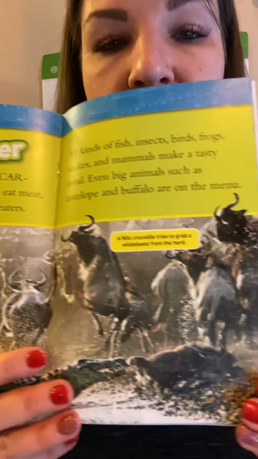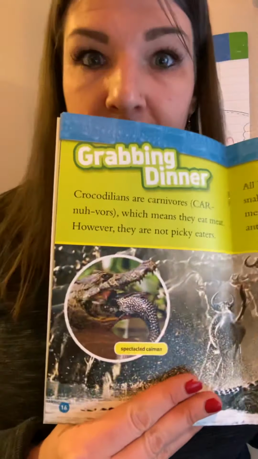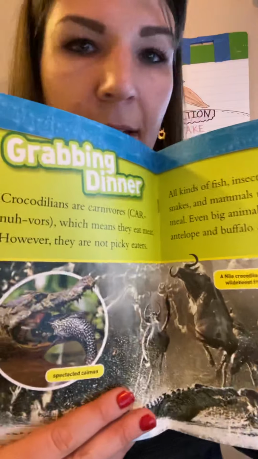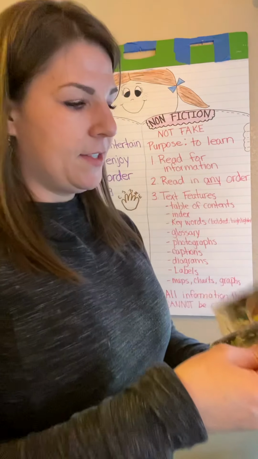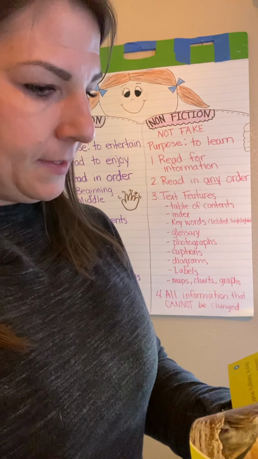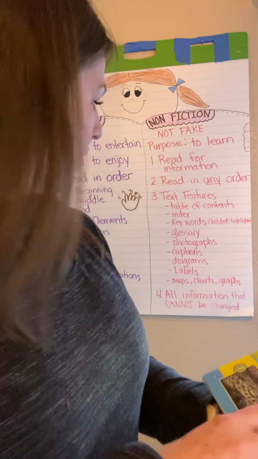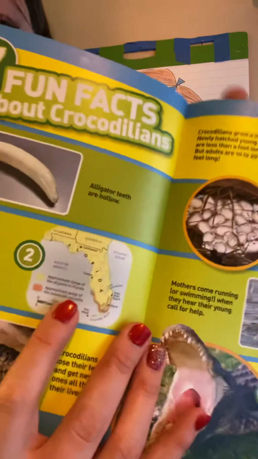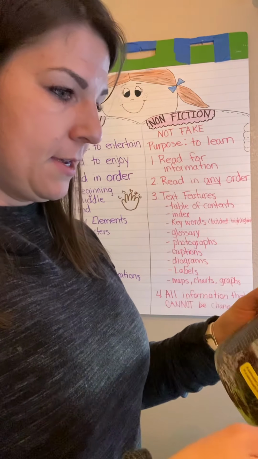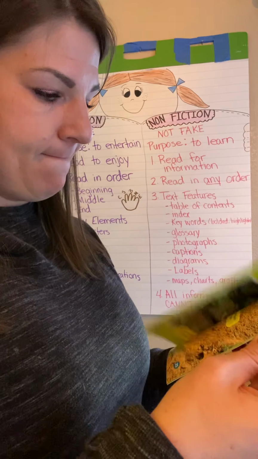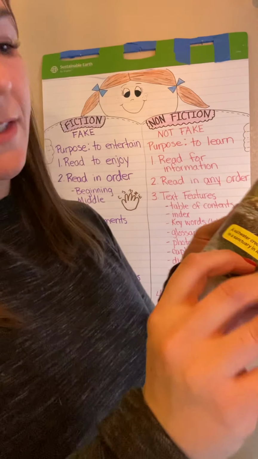There are photographs. These are actual pictures of animals that were taken. They are not drawings or illustrations. Okay, they're actual photographs. A lot of times there can be maps or charts or graphs. There's captions. So here's a caption.